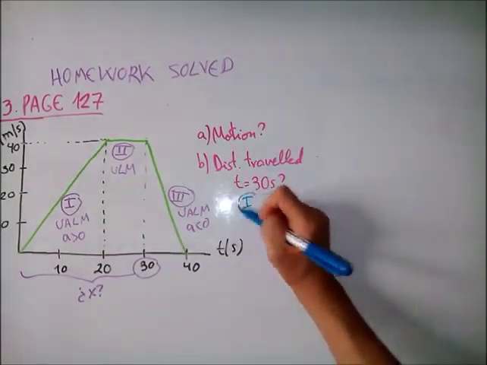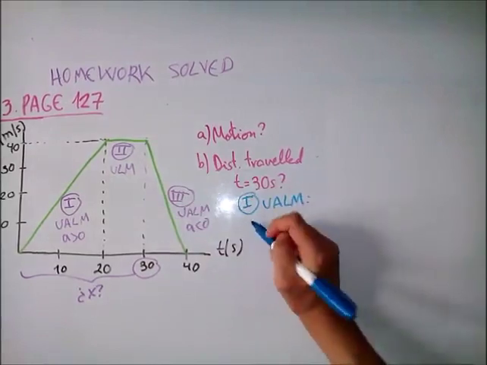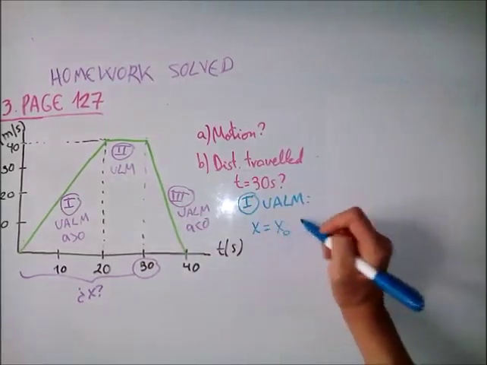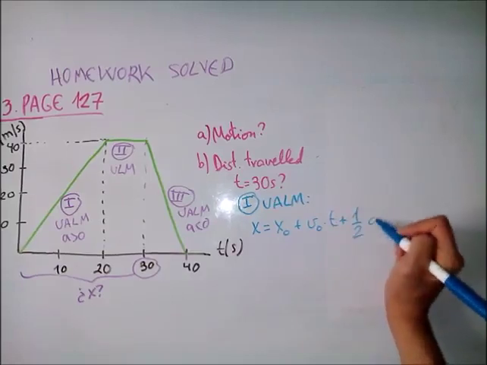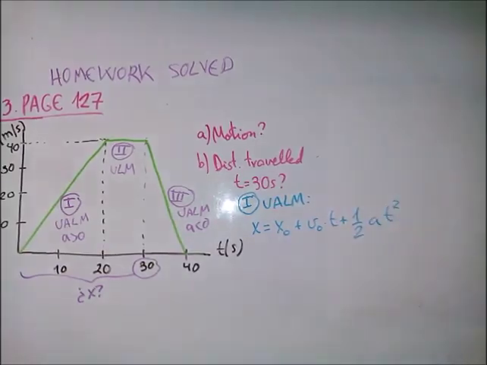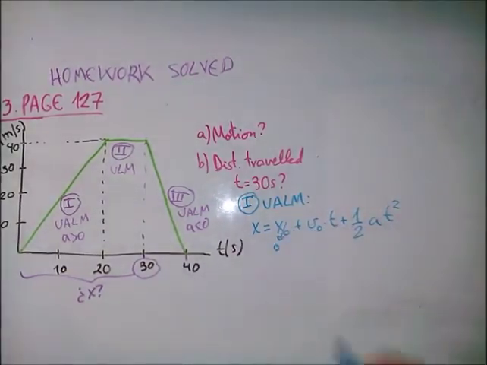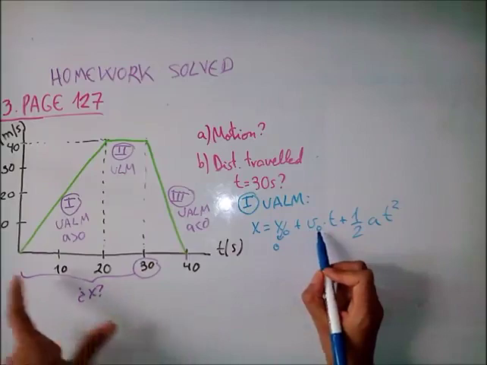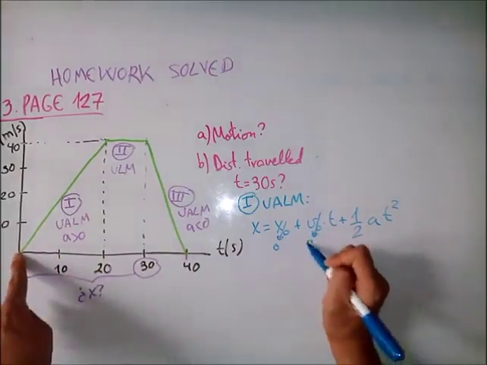So in part 1, we have a uniformly accelerated linear motion, and distance travel follows this equation, okay? So this is the equation we need to use for distance travel. We can imagine the initial position to be 0. So initial velocity from 0 to 20 is 0, okay?